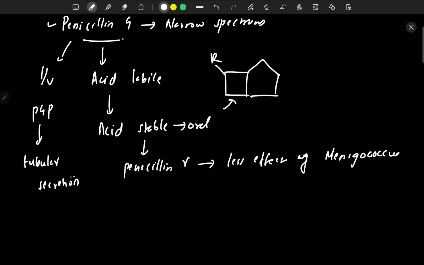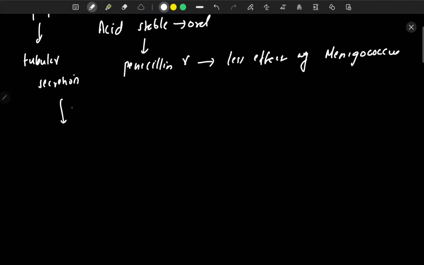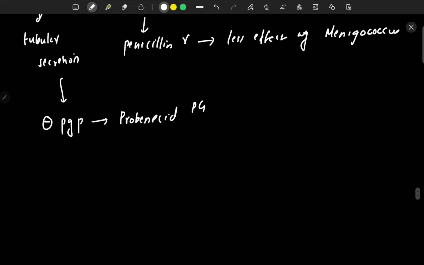So we have designed a drug that inhibits this P-glycoprotein pump, that is called probenecid. And we have also made penicillin G insoluble in the form of an insoluble salt.